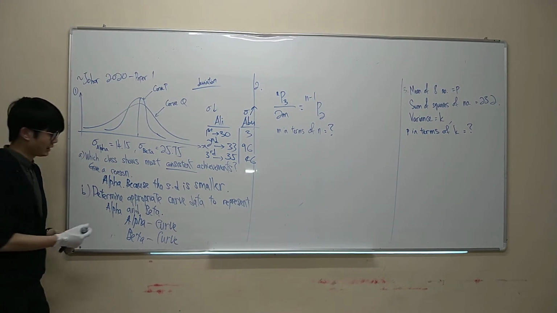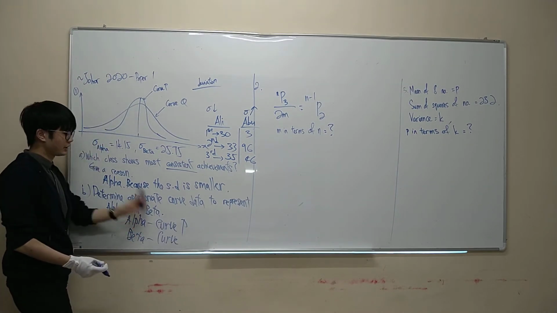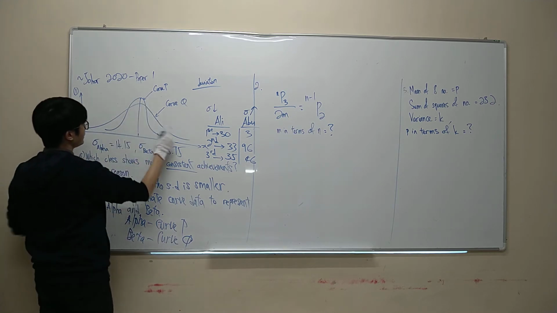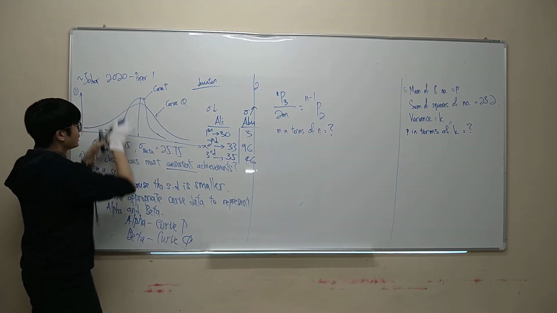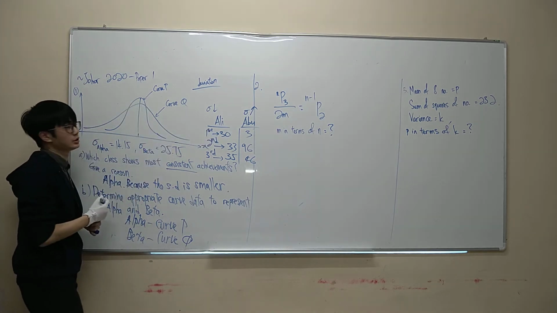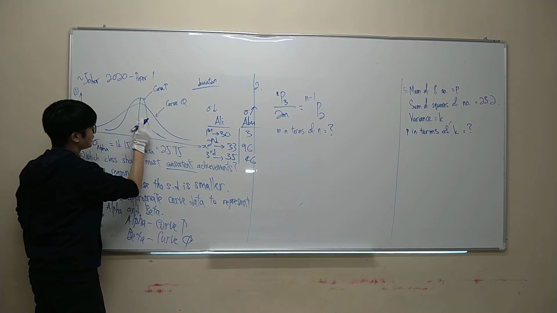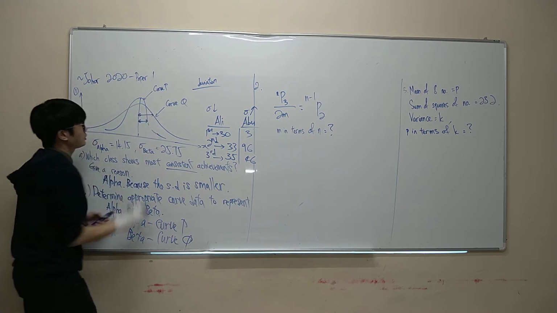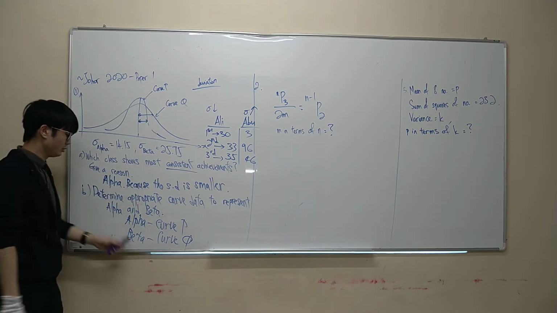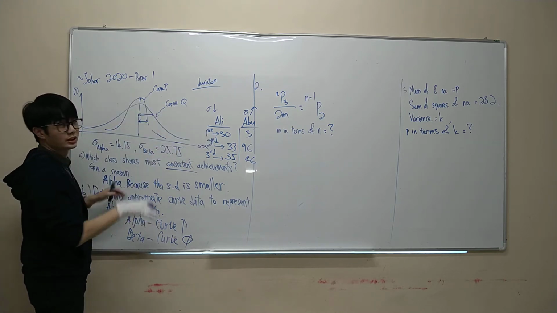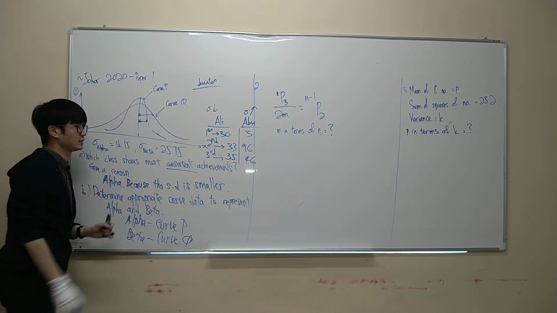The narrow one, curve P. So alpha will be curve P and beta will be curve Q. Because curve P is more narrow, and the one which is wider has a bigger standard deviation. So the wider one, curve Q, is the one which is not so consistent. So that is the answer.